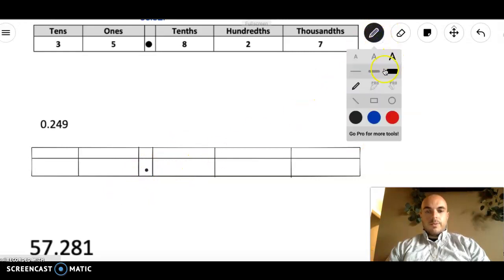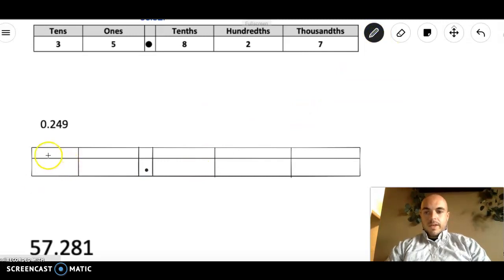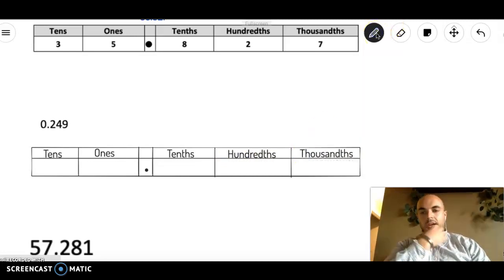Great, and now I will label it. So I have my tens, my ones, my tenths, my hundredths, then my thousandths, like so. Okay, so what I'm going to now do is pull this number and all its digits into the correct place value spots.